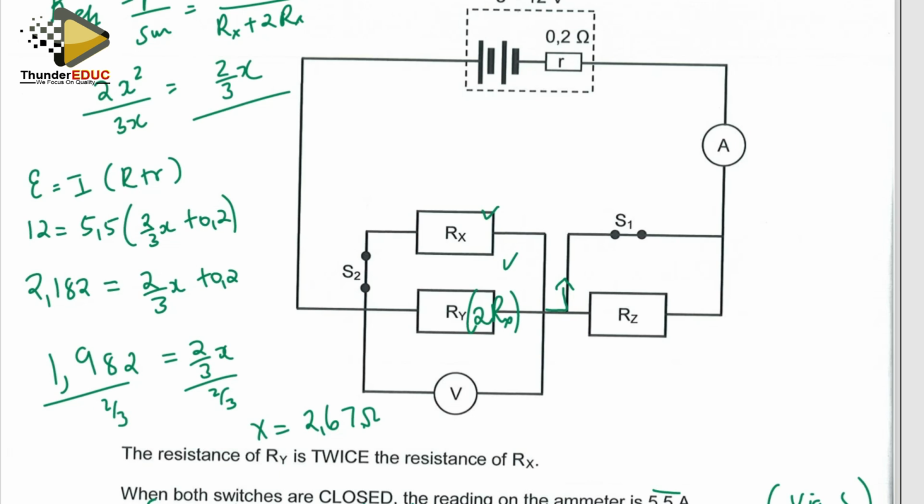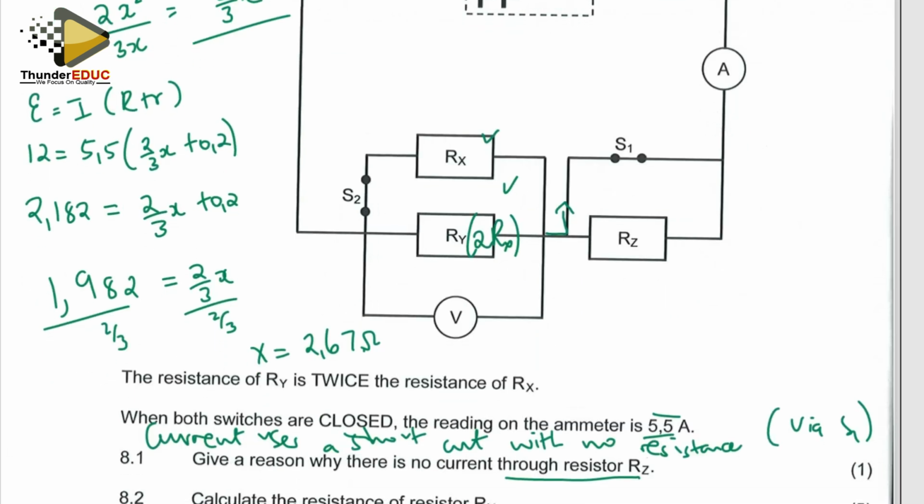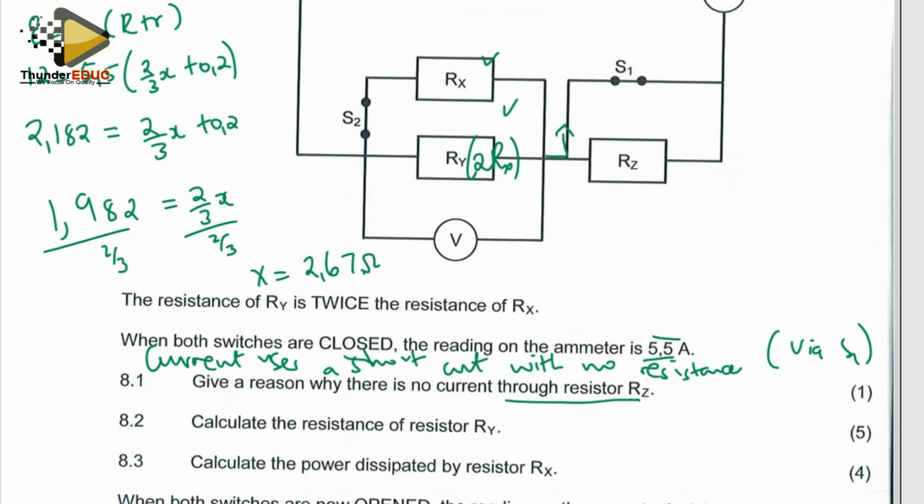But now the question is asking for resistance Y, which is going to be 2 times 2,67. That gives me 5,35.